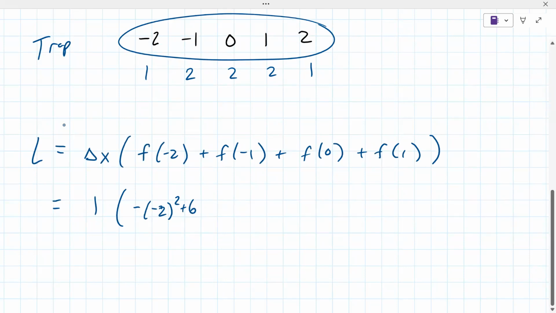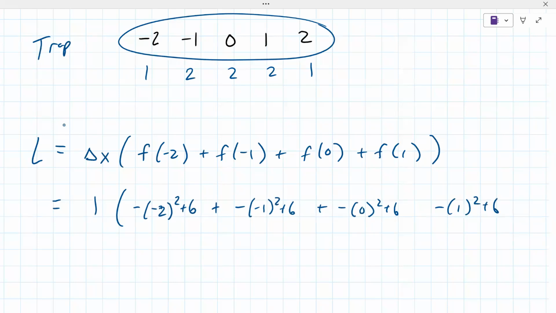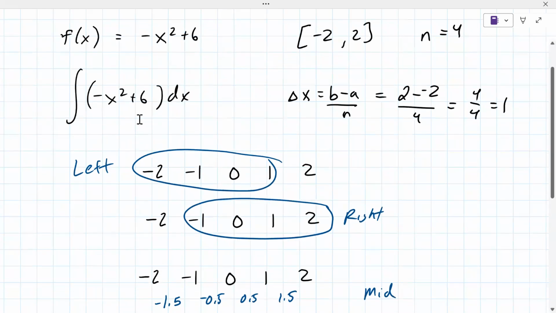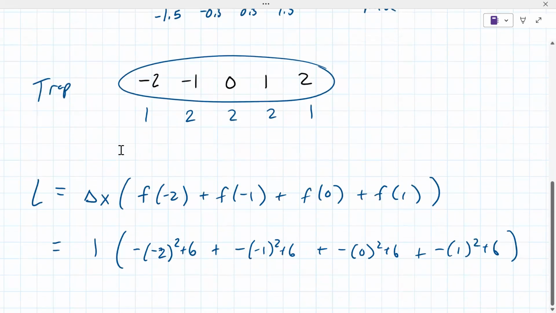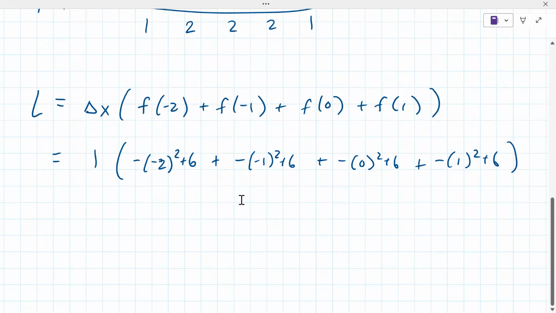Then you're going to do -1, then 0, then 1. Wait, where's the six coming from? It's in the integral. I just made that one up. It goes in the whole thing there. Okay, so you do all this and you get a number.